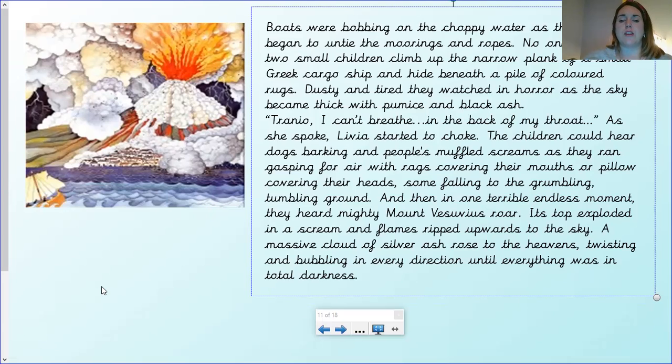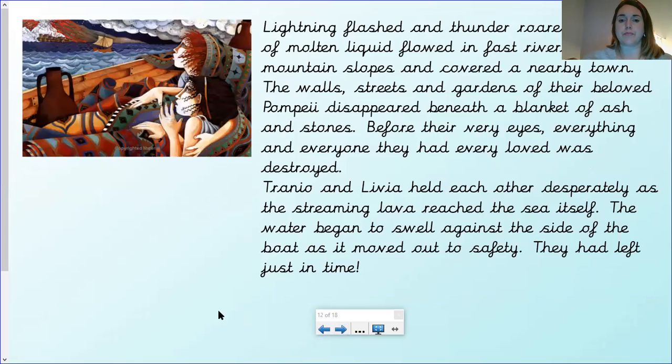Its top exploded in a scream and flames ripped upwards towards the sky. A massive cloud of silver ash rose to the heavens, twisting and bubbling in every direction until everything was in total darkness. Lightning flashed and thunder roared. Streams of molten liquid flowed in fast rivers down the mountain slopes and covered a nearby town.